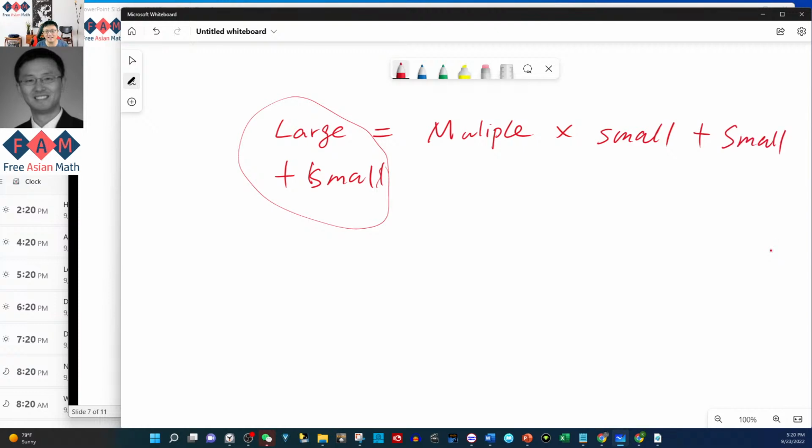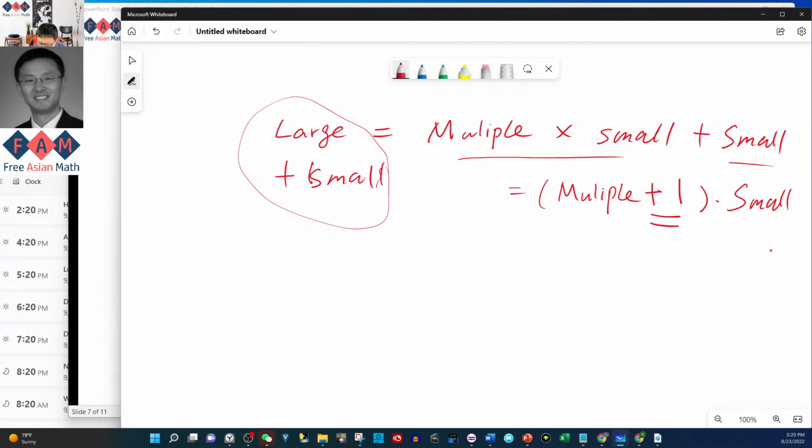What happened to the right-hand side? We have a multiple of small plus one more copy of small. With the distributive property, you can easily see the right-hand side becomes this multiple number plus 1, right? Then times this small.